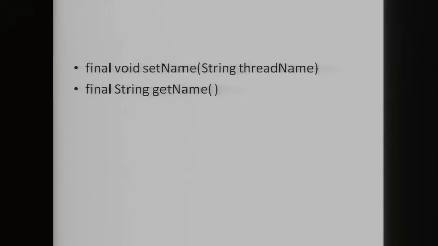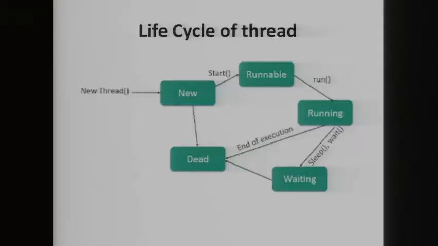Now you have enough information, you know what is a thread and what is multithreading. Now let's understand how a single thread works. This is the life cycle of a thread.